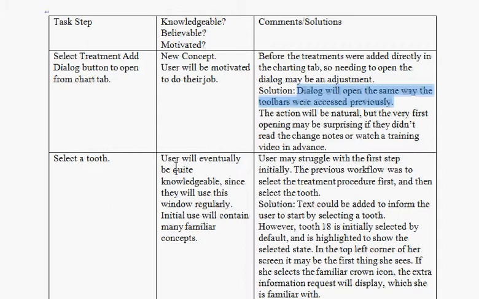So for instance, when they select the treatment add button, I've identified that it's a new concept, that before they did everything directly in the charting tab, so the fact that they now need to click a button to open up this dialog is new. So the solution would be to put the button in the same place where they would usually open up the dialog, and it would hopefully be familiar enough that they could achieve the task the same way.